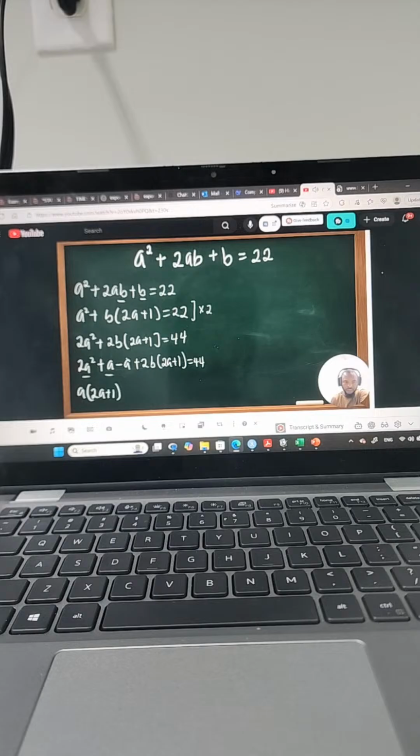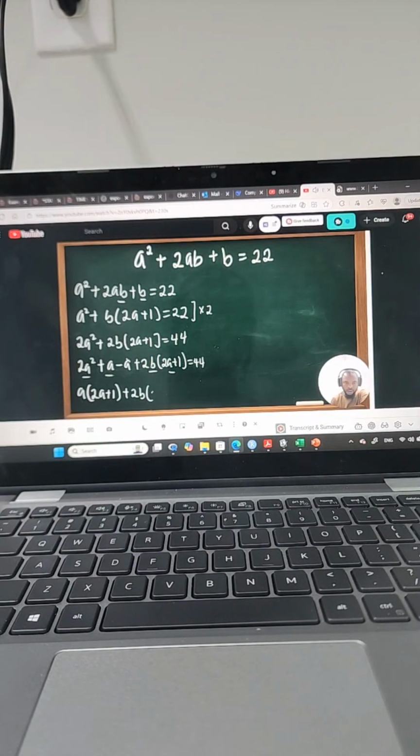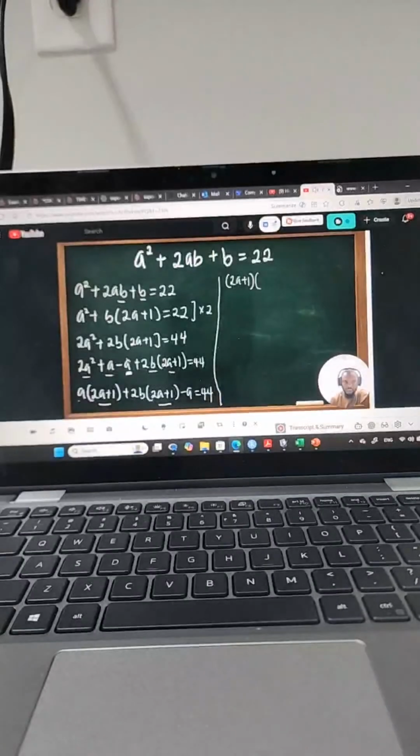From here plus 2b into parentheses 2a plus 1, and this negative is left with a plus 2b. So we have a plus 2b minus a equals 44.